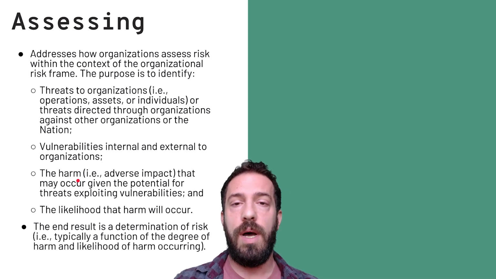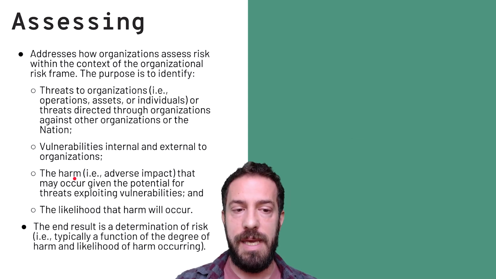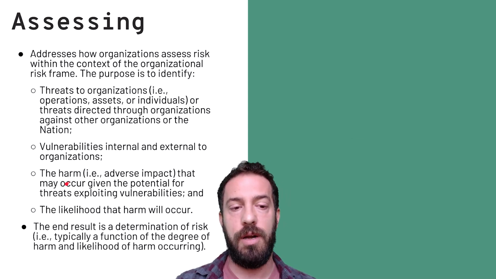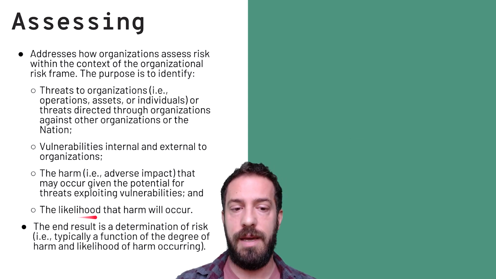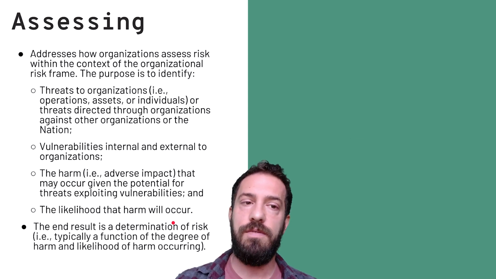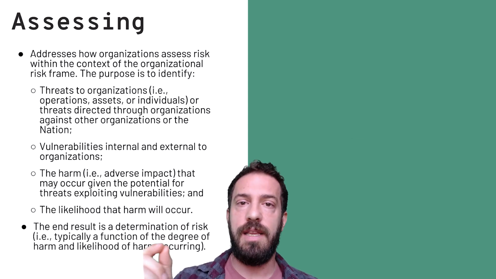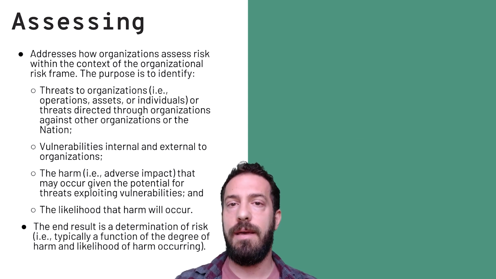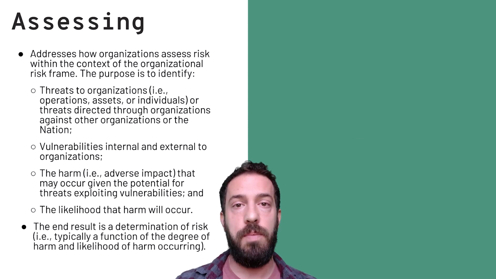Then, after we know what can happen, we need to also understand how bad this can be, what is the harm that can occur given those vulnerabilities, and the likelihood that the harm will occur. So at the end of risk assessment, you have a list of things that can go wrong. What is the effect of that individual risk, and what is the likelihood of this risk occurring? And this is what will be given to the next component for responding to that risk.